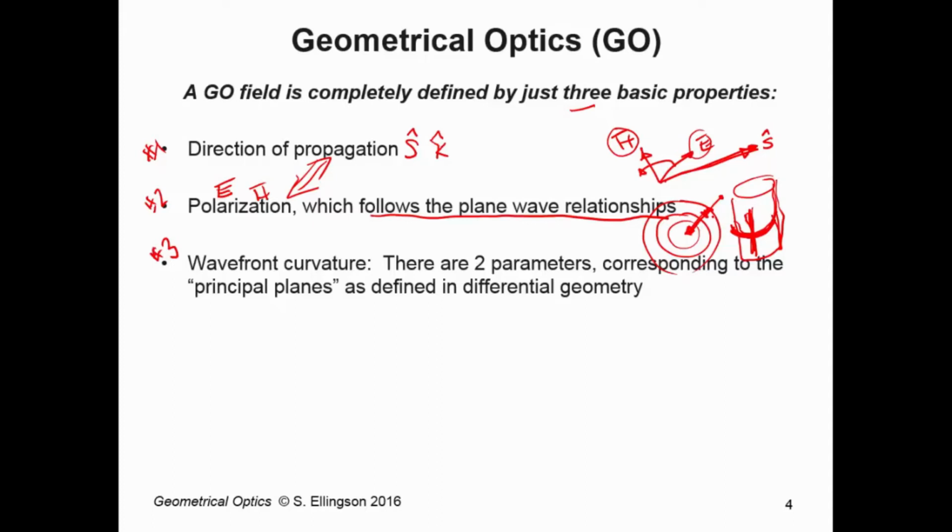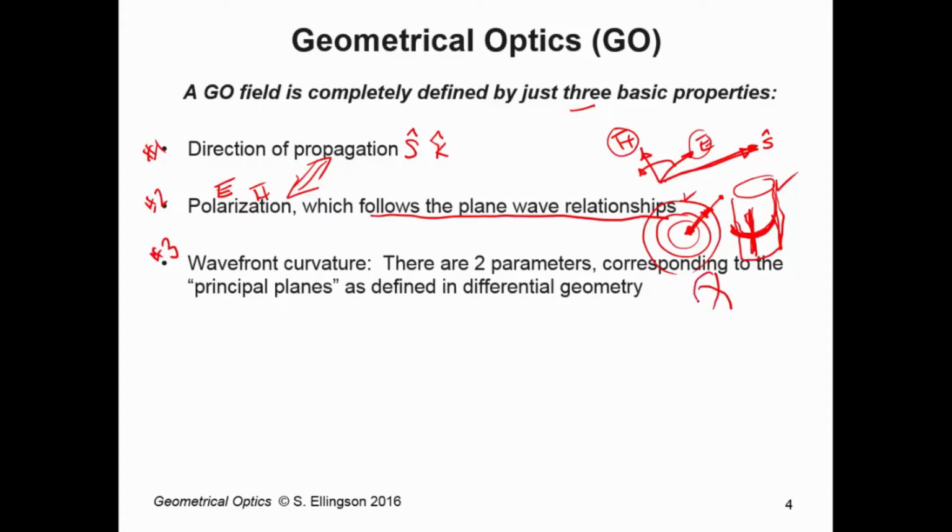Now, of course, the reason for bringing this up is because it commonly occurs in more advanced antenna problems with large reflector antennas that we do not have simple spherical waves or simple cylindrical waves. What we have instead is phase fronts which are curved in both dimensions.